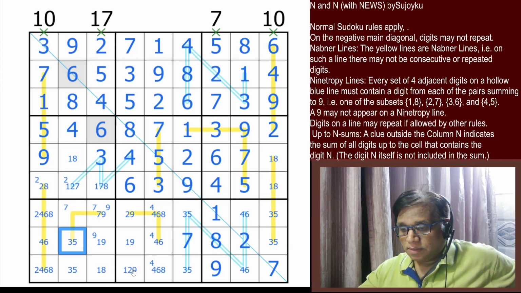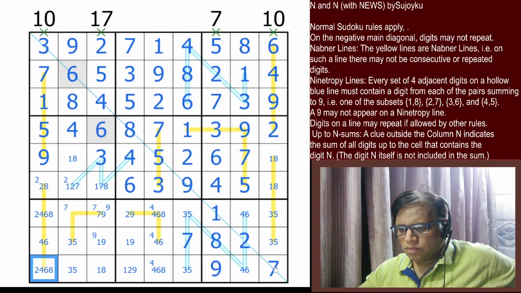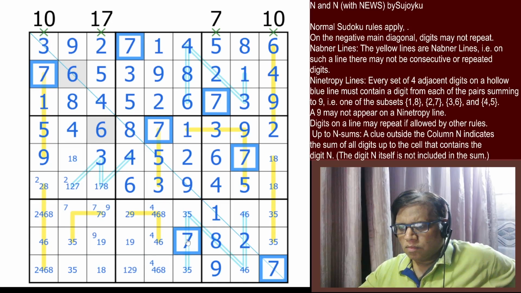I can't see anything. One is at 2 places here. 8 is at 3 places. 7 is here, of course. Let's just do that.